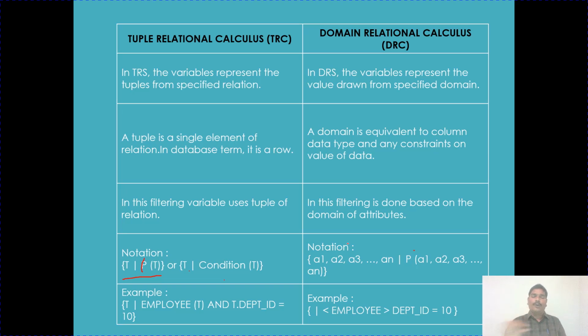Both are the same, but the difference is that tuple relational calculus concentrates only on tuples, while in domain relational calculus we need only the attributes.